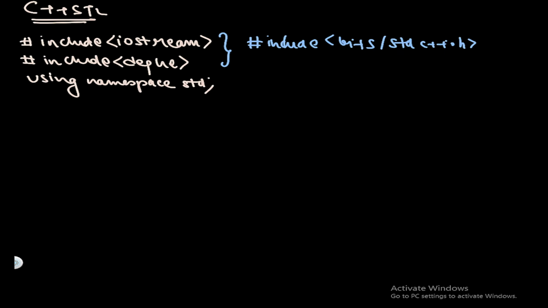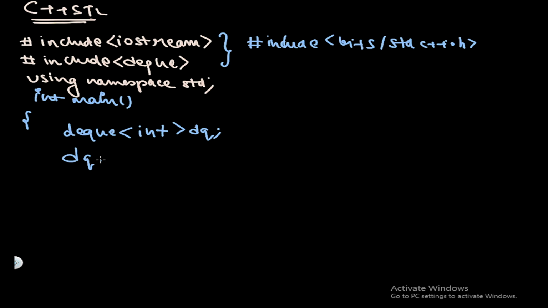The code is small, so I just preferred writing it rather than pasting a screenshot. So int main, then we will have a deque, as it is a template, so the int type and the name dq. That is as simple as that.